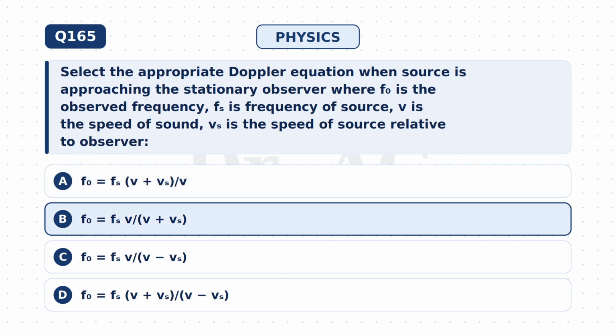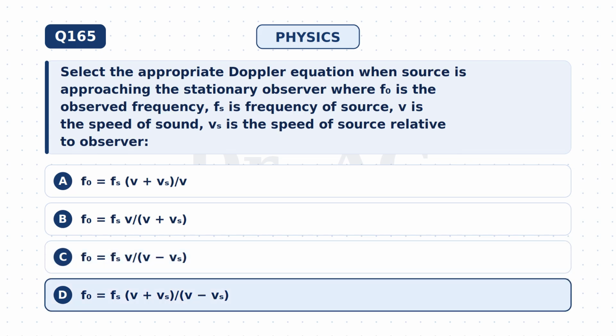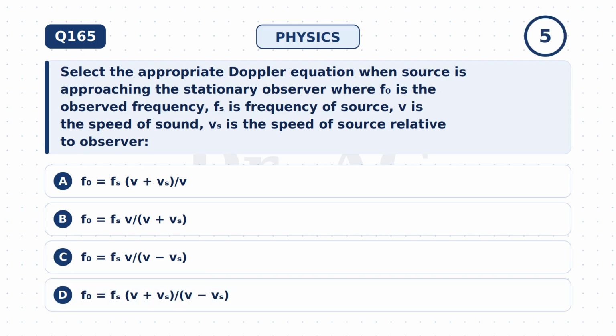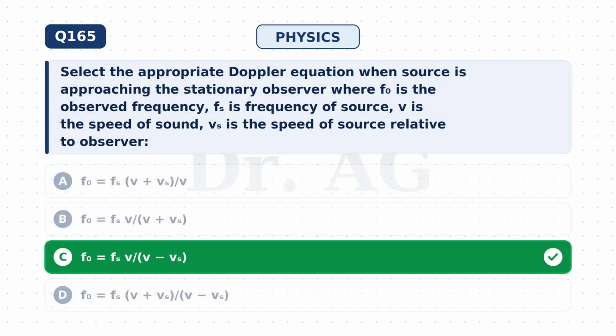Option B, f0 equals fv over (v plus vs). Option C, f0 equals fv over (v minus vs). Option D, f0 equals f(v plus vs) over (v minus vs). The correct answer is C, f0 equals fv over (v minus vs).